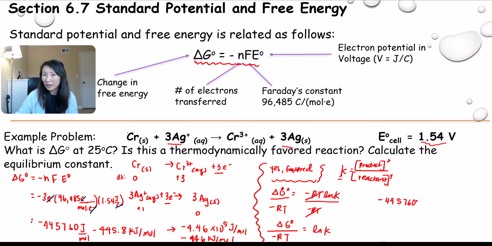Now, why am I using this giant number, not the sig fig one? It's just to get a more accurate value. Joules per mole. And below, R represents the gas constant, 8.314 joules per mole K.